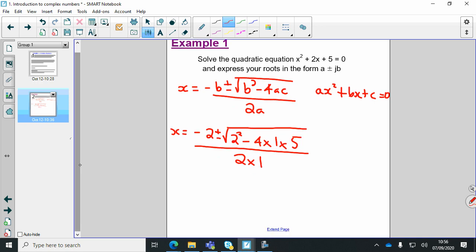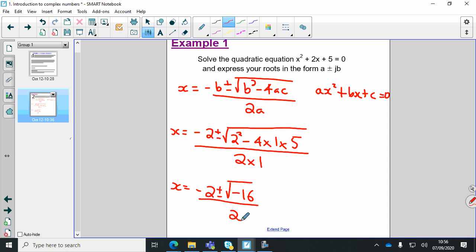If we simplify, under the square root 2 squared is 4, and 4 times 1 times 5 is 20, so 4 minus 20 is negative 16.